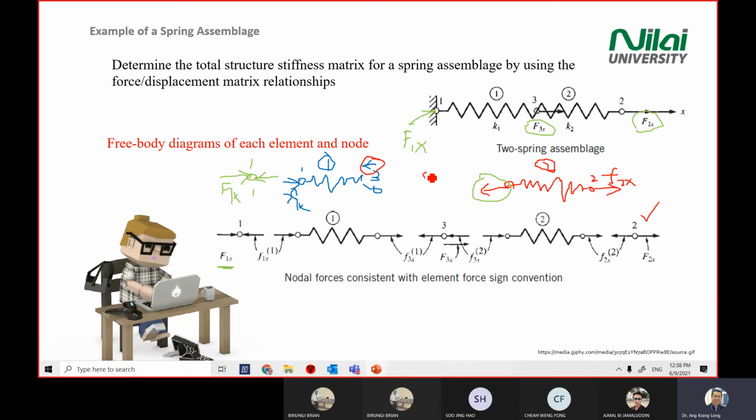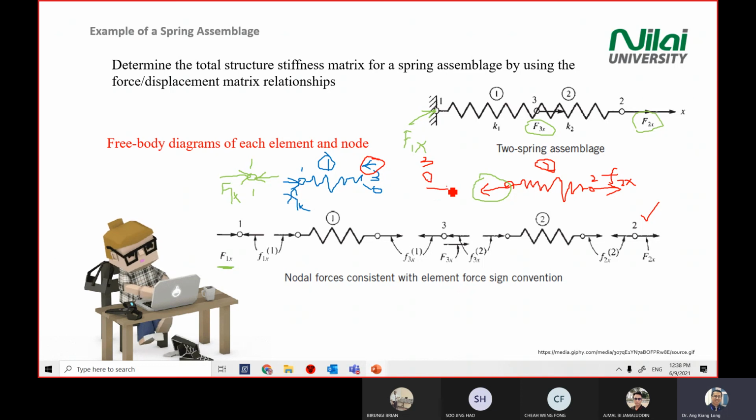So let's draw point 3. Point 3 is having an external force in this direction. This is capital F3x.